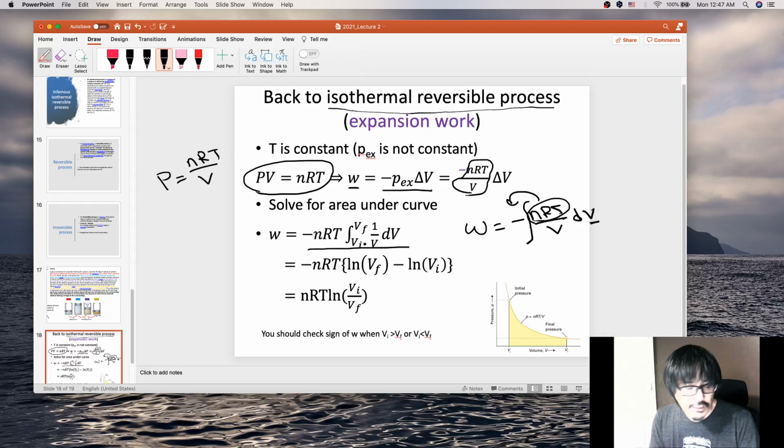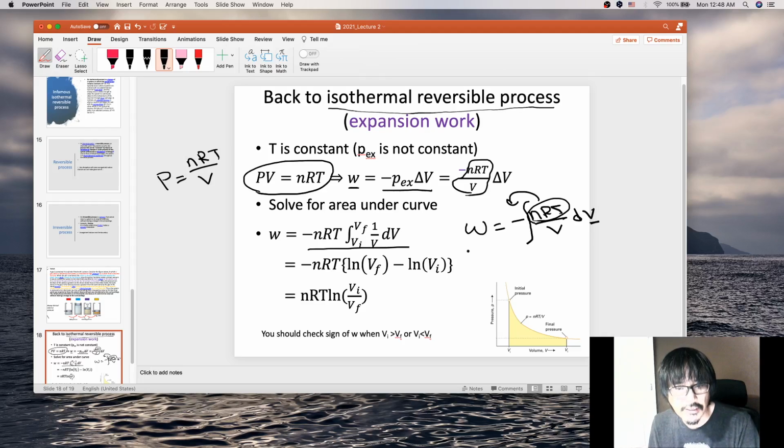Now if you use the integration table, that integration is the log of volume, right? The log of the final volume minus the log of the initial volume, right? So the minus sign right here is going to put the initial volume at the bottom.